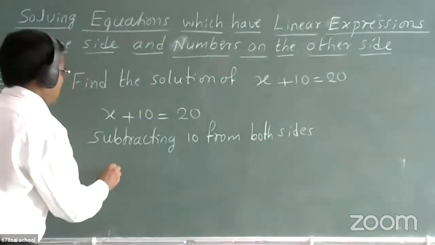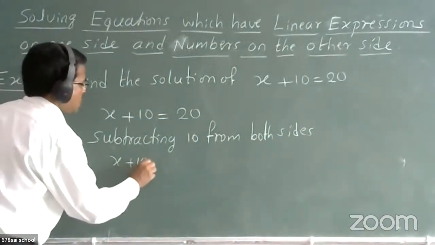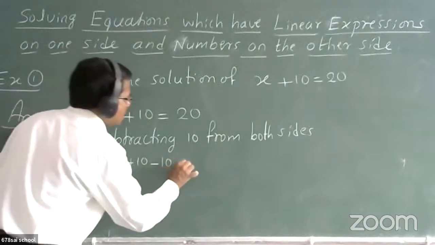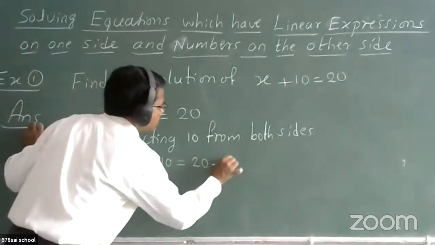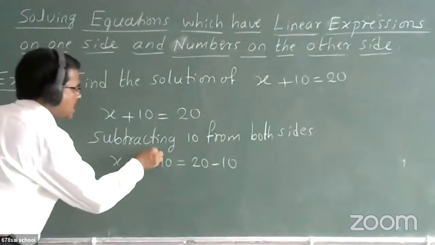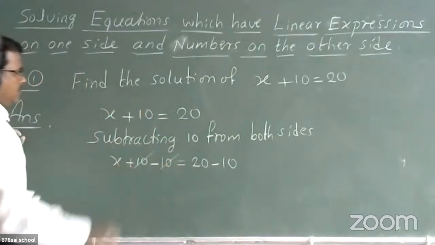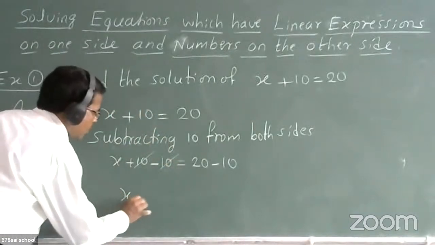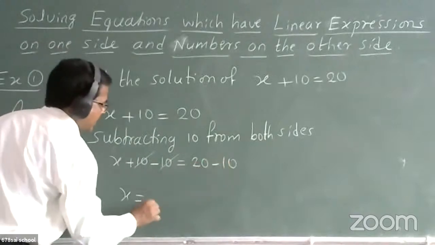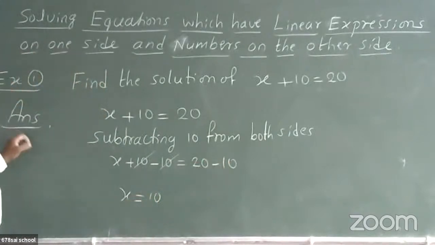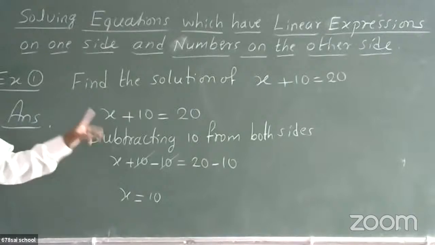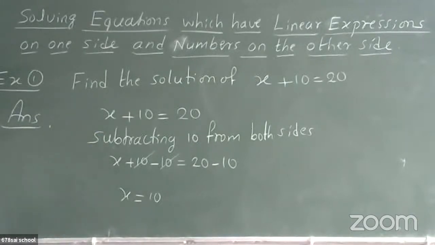So now x plus 10 is that. This side also minus 10, this side also minus 10. Plus 10 minus 10 cancel. x equal to 20 minus 10 is 10. Okay, understood? First you write it. Again I want to explain.